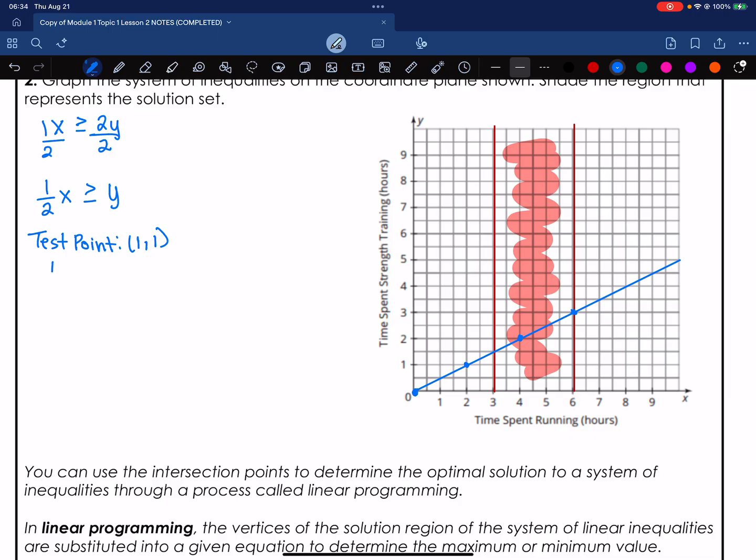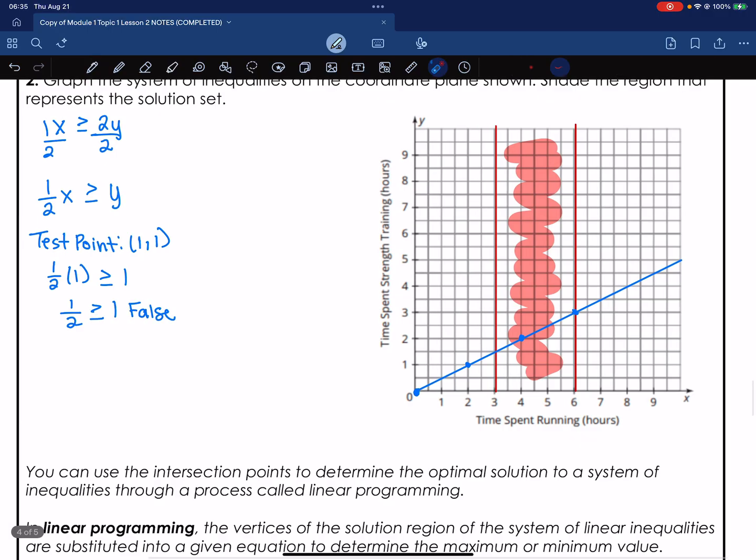And so that would be 1/2 times 1 is greater than or equal to 1. So 1/2 is greater than or equal to 1. That is false. So here is where 1, 1 falls. So we want to shade the opposite area because that was a false statement. So we would end up shading down here.